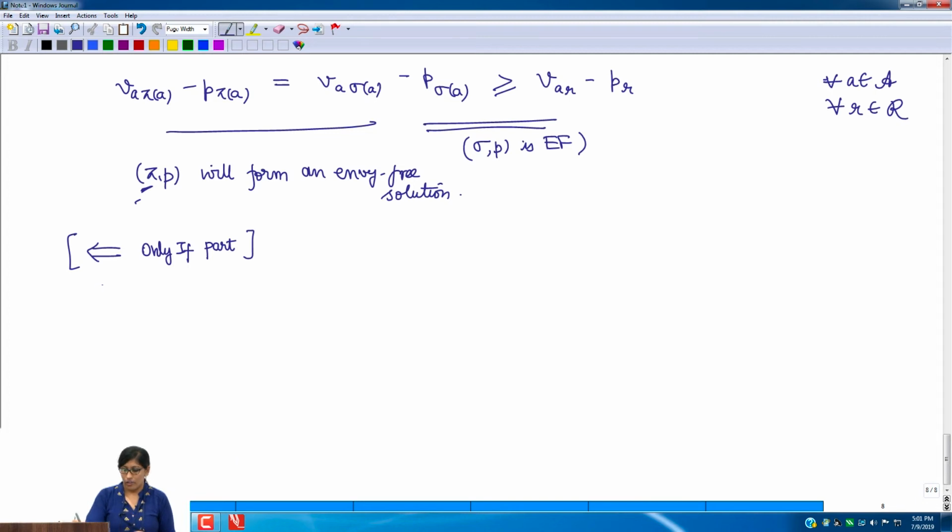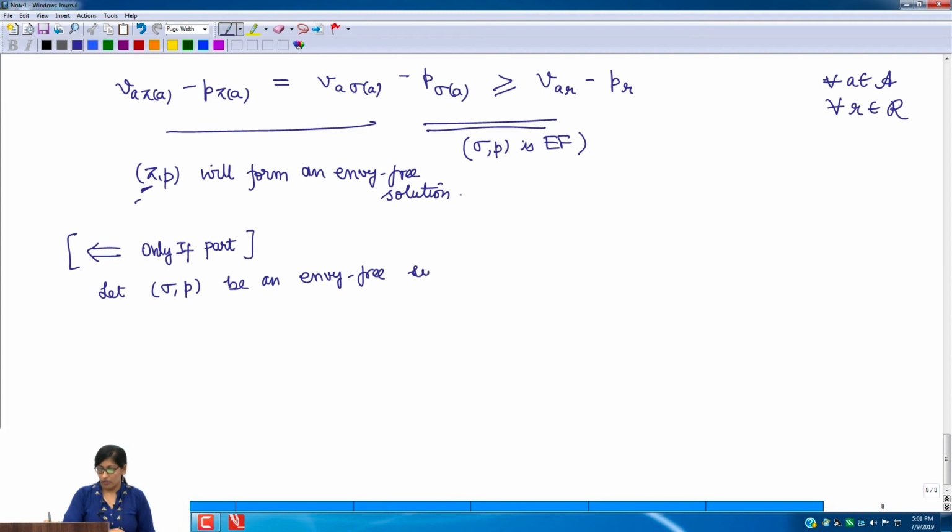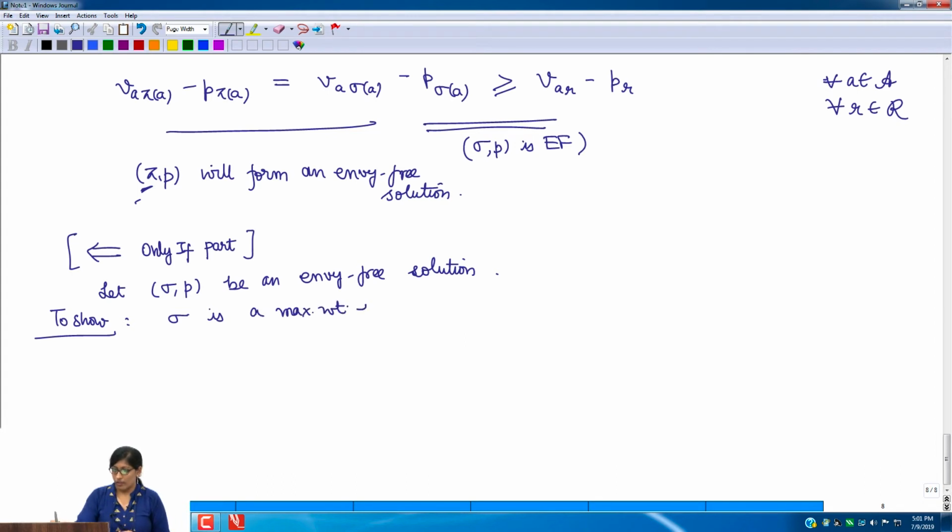So in the other direction, I need to show that, let sigma comma p be an NV free solution, I need to show that sigma is a max weight perfect matching in the corresponding valuation graph GQ.